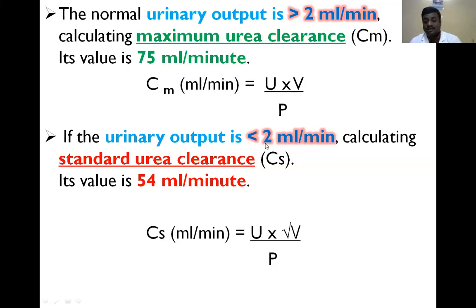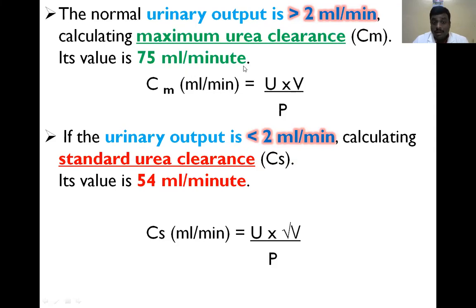We need to calculate it depending on the urinary output. If it is greater than 2, there is one formula; if it is less than 2 ml per minute, there is another formula. Normally the urinary output is greater than 2 ml per minute. That is called maximum urea clearance, and the value is 75 ml per minute.